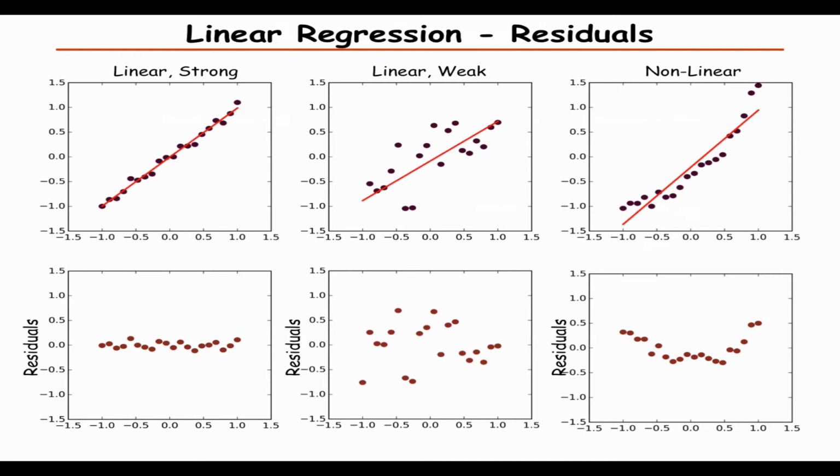So we plot the residuals. Again, what we see here is that in the case of the strong relationship, we have just very small deviations, and they look more or less random. There's no specific trend as we go along the x-axis. Then we have the weak linear association.